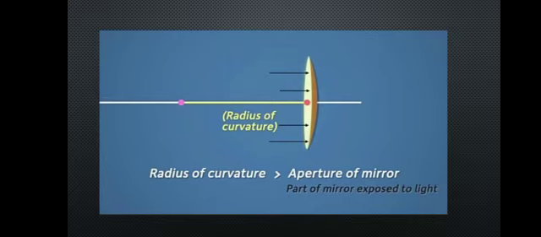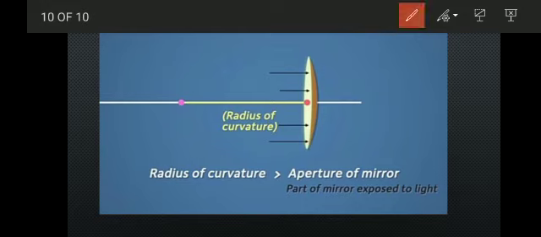The last thing about the spherical mirrors is the aperture of the mirror. Aperture is actually the opening of the mirror. This is the opening of the mirror from which the light rays are incident on the mirror. So aperture of mirror can be explained as the part of mirror exposed to light.